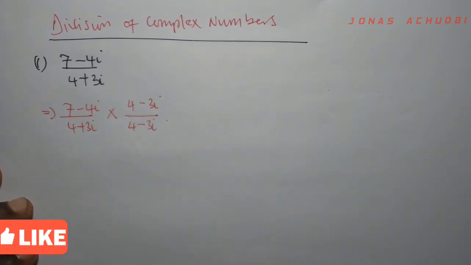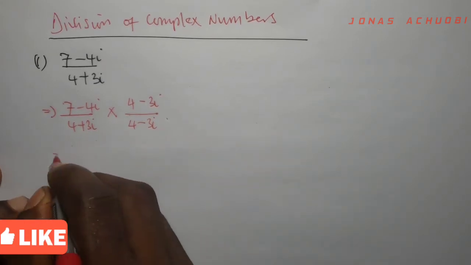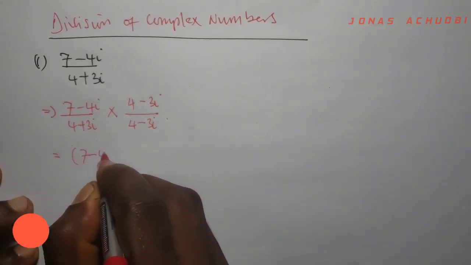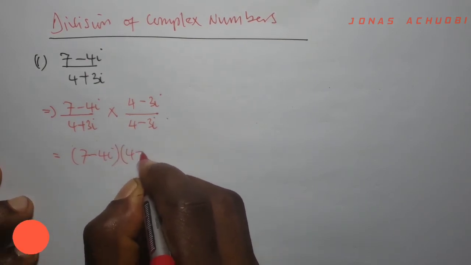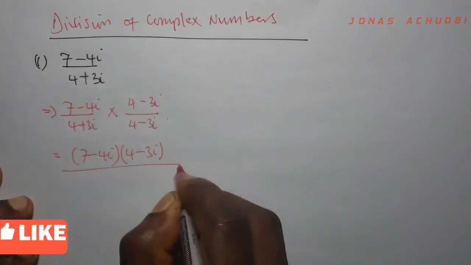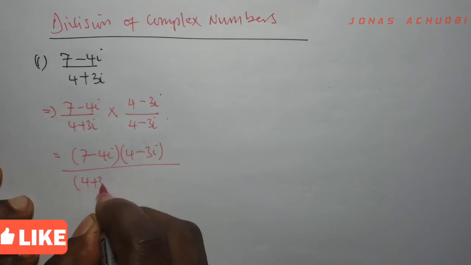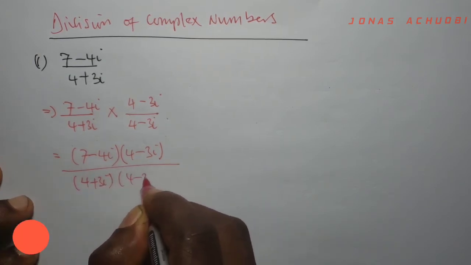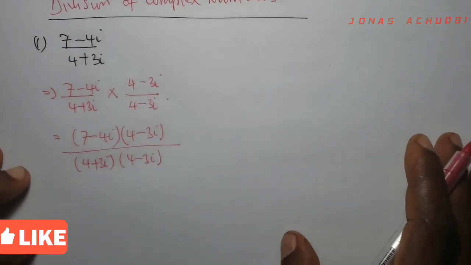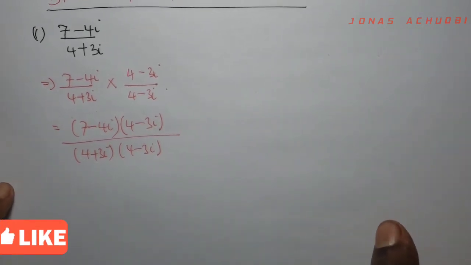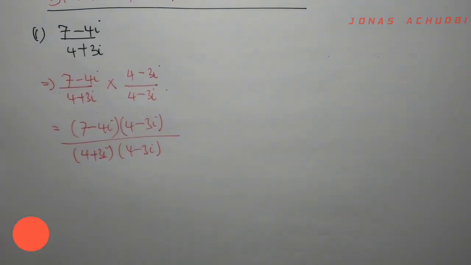This is what we do when carrying out division of complex numbers. So this simply means 7 minus 4i times 4 minus 3i, divided by 4 plus 3i times 4 minus 3i. We now carry out this multiplication carefully.